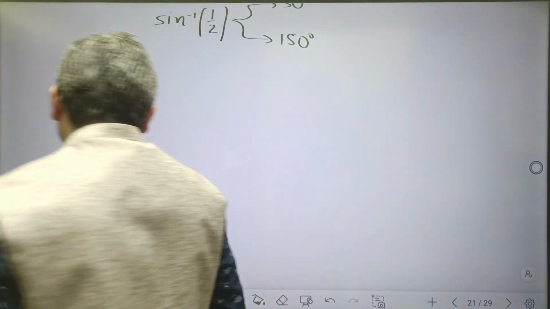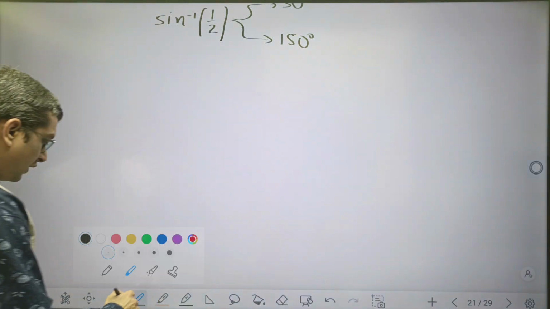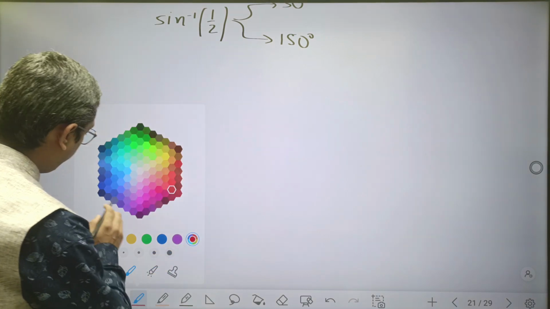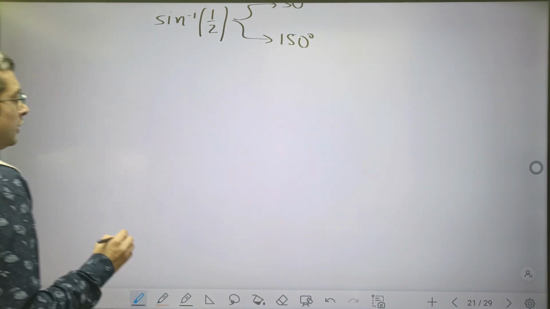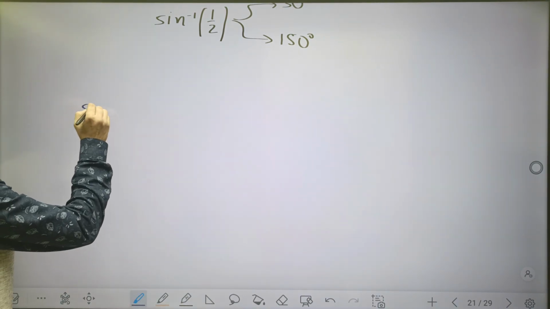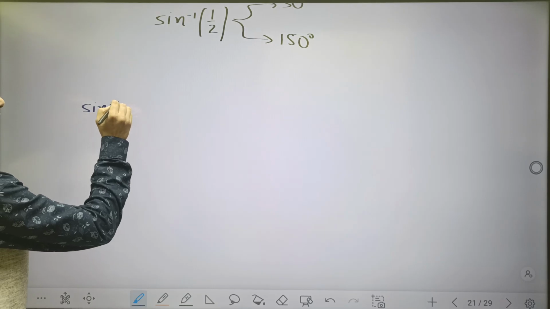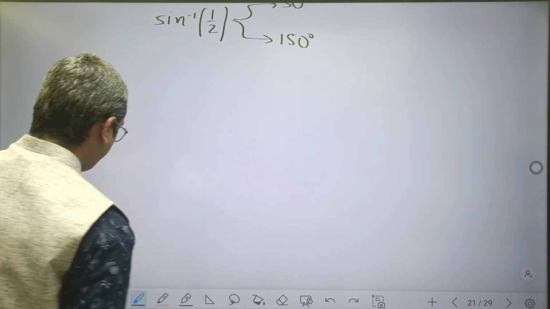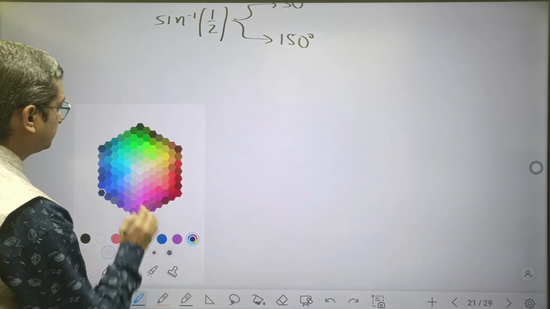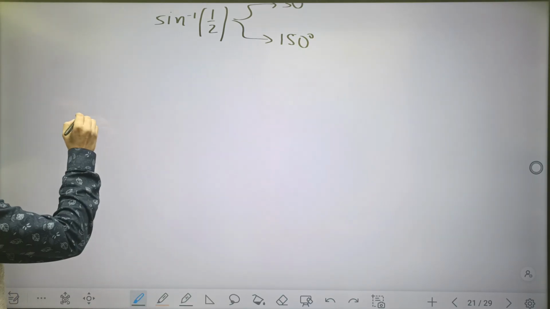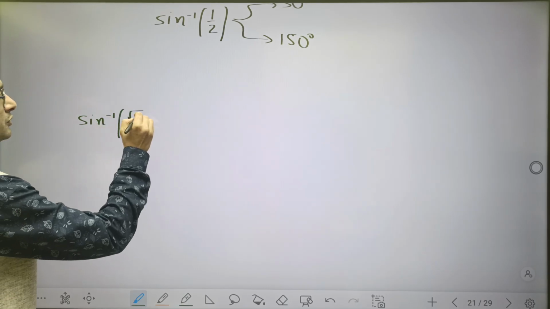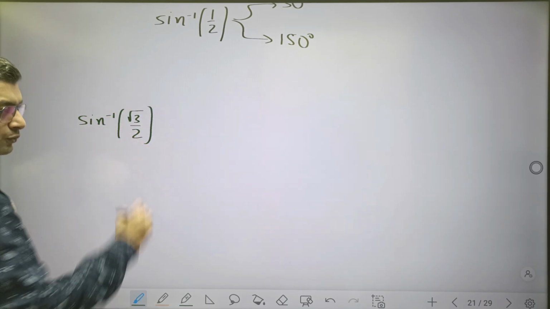You have to follow certain rules, that's all. Let us take a different value: sine inverse root 3 by 2.